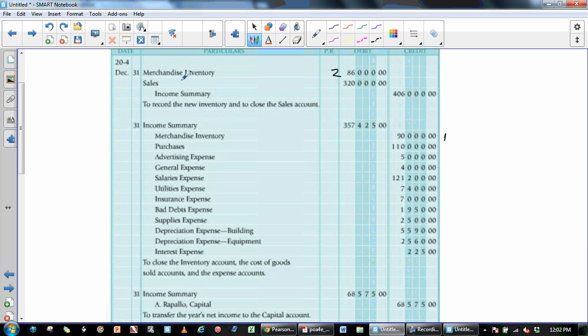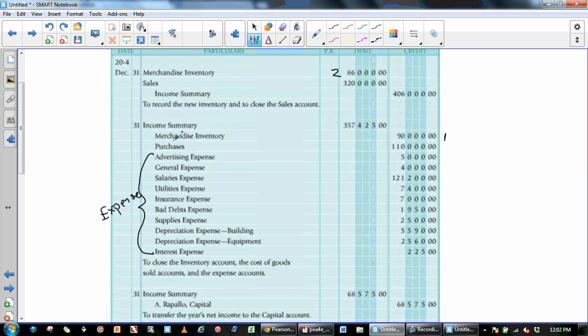Now, all of these that you see right here are your expense accounts. Because expense accounts have a regular debit balance, to empty out your expense accounts, you have to credit them. So you see that we're crediting all of our expense accounts. Also, we are crediting purchases.